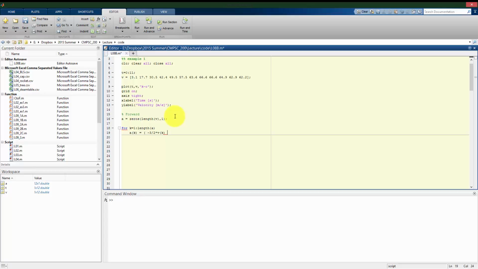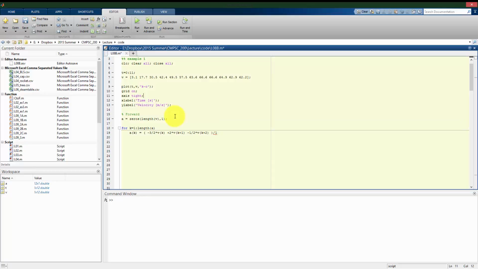Then if I look at the table, I have to use the k plus first term of my dependent variable. So that's v of k plus 1. I'm going to multiply that by a +2. And then for second order accuracy, I'm going to use the v of the k plus 2 term, and that gets multiplied by a -1 over 2. And then that whole thing gets divided by the step size, which in this case is 1.